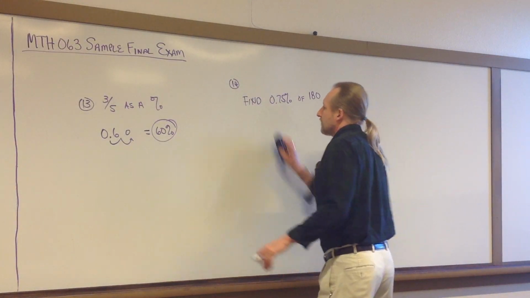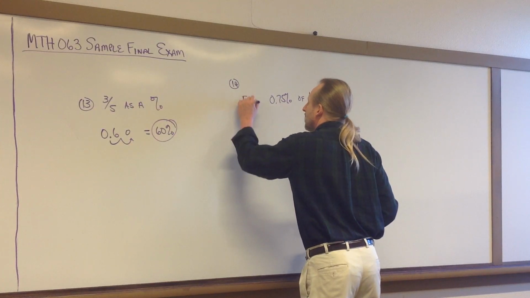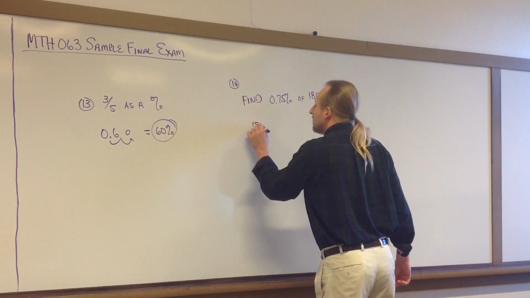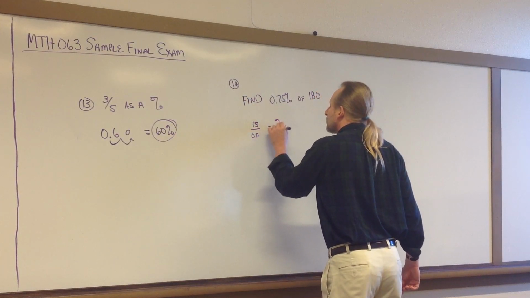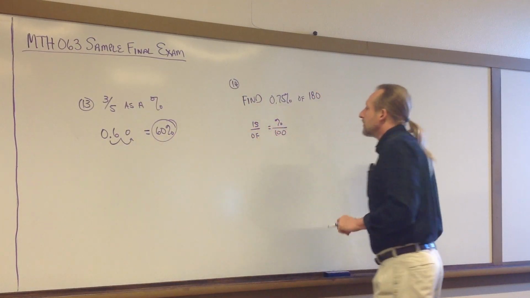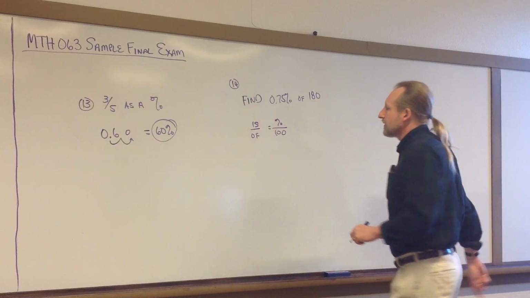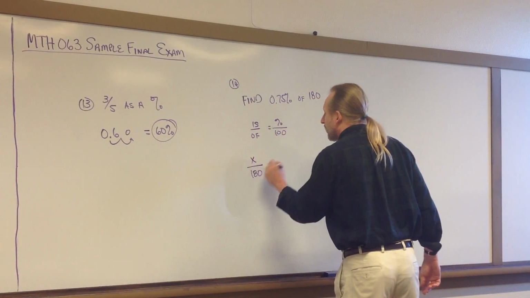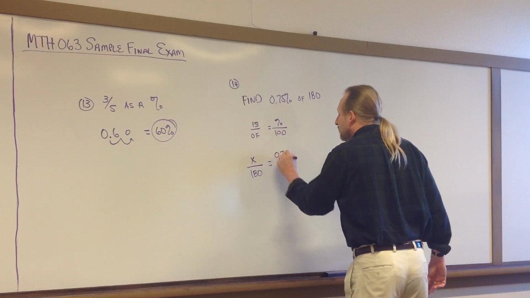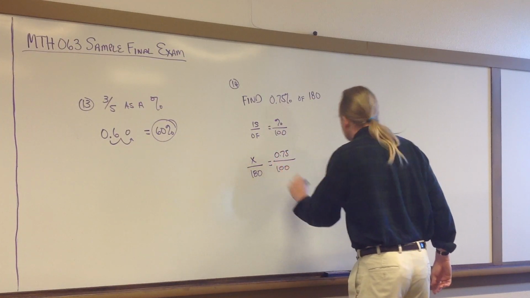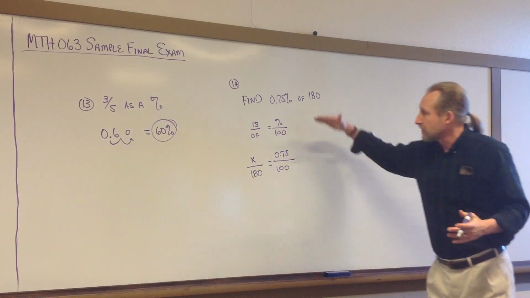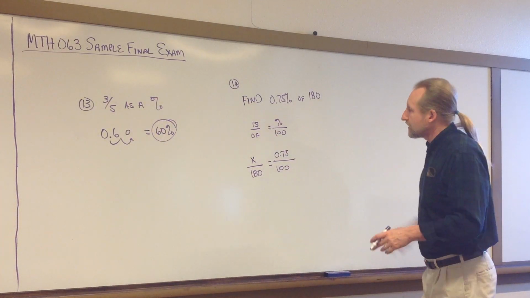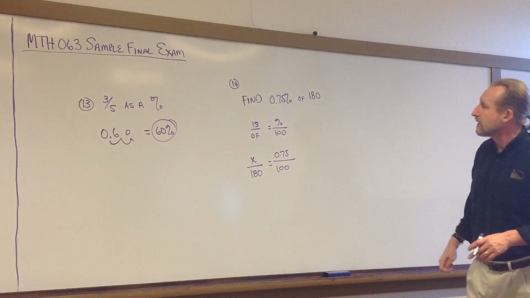I think the shortest way to go about doing this is to set up this proportion, right? Is over of equals percent over 100. So of is 180. Is what we're looking for. The percent is 0.75. Don't make it into a decimal, right? If you're going to use this method, that percent just goes right into the numerator. See, the 100 is already right here.